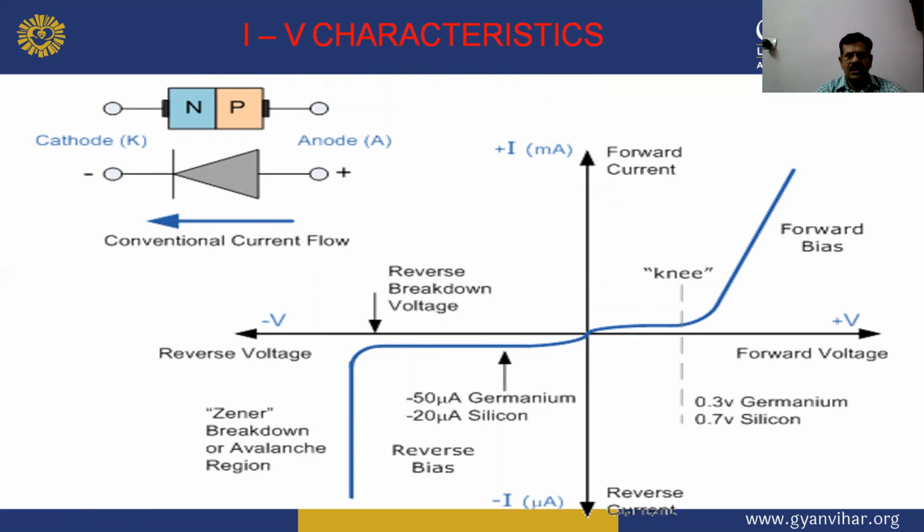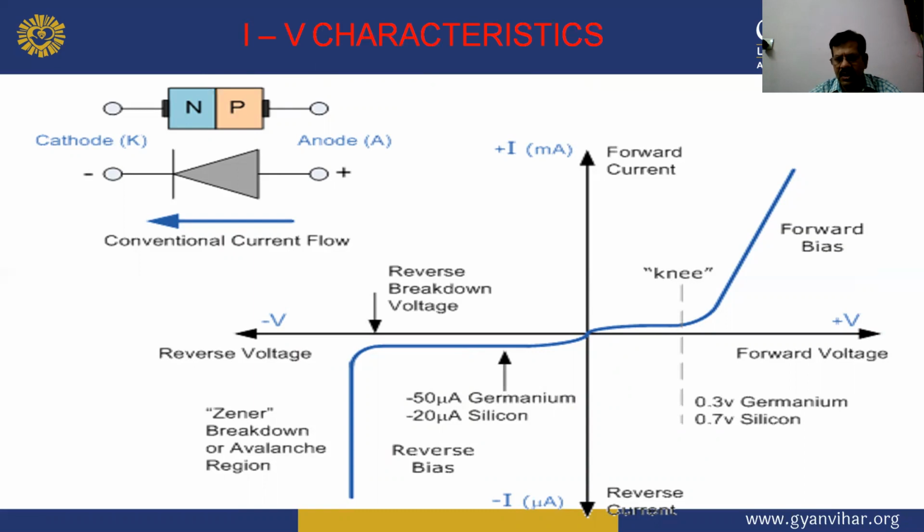Now we discuss the VI characteristics, or current versus voltage graph, of the varactor diode. In this graph, we take the forward current in the milliampere range and the reverse current in microamperes.